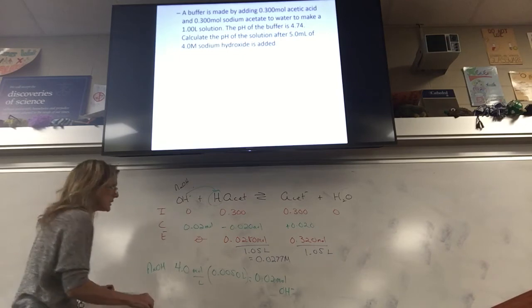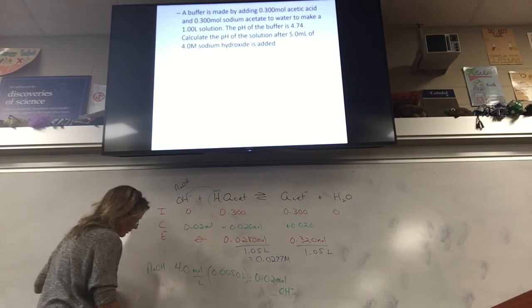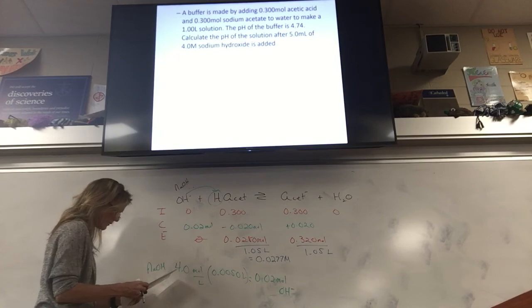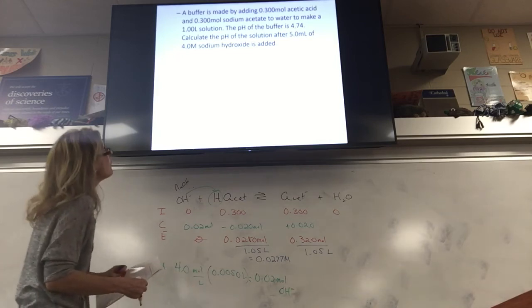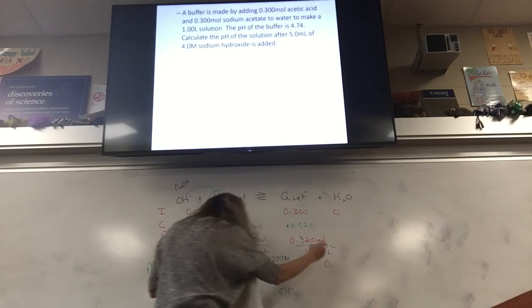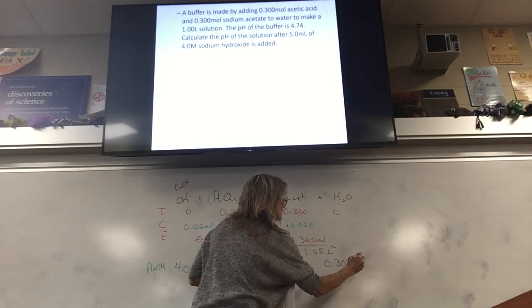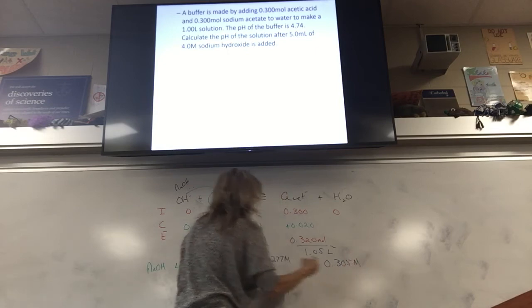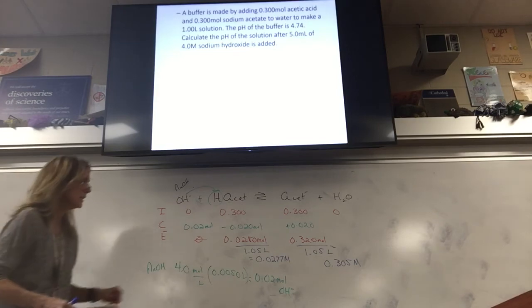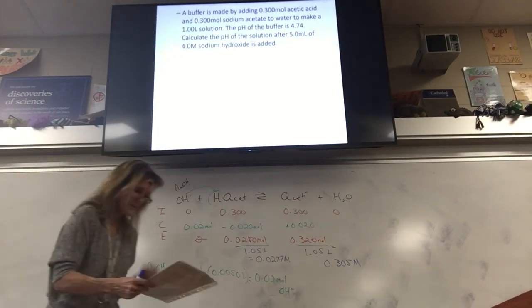And then same thing, 0.32 divided by 1.05 equals 0.305 molar for our conjugate base here, the acetate ion.